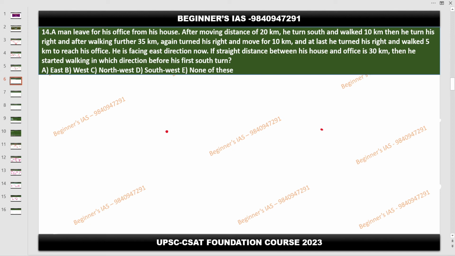So this is going to be the 30 km. Then in which direction did he start walking, before his first south direction? So that is the question here. First of all, listen carefully.